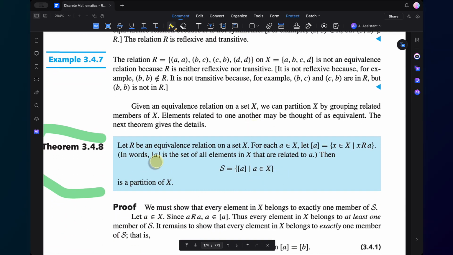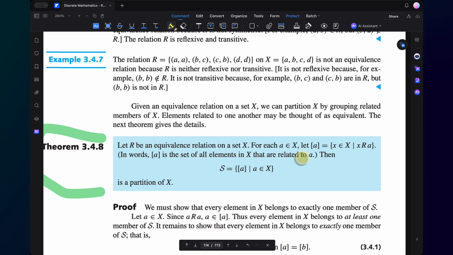It says, let R be an equivalence relation on a set X, and for some a in X, let the bracket a be equal to the set of all x in X such that x is related to that element a. In words, that symbol is the set of all elements in X that are related to a.